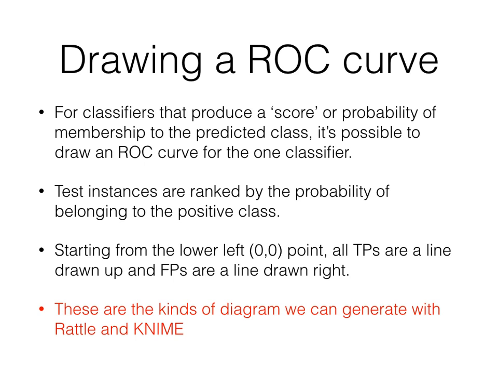And I'm not going to go through all the details of how it works, but what happens is you get the test instances and you rank them by the probability of belonging to the positive class, and then starting from that lower left point, every time you have a true positive you draw a line up, and every time you have a false positive you draw a line right towards the right, and eventually you get to the top right hand corner. And when you do that, these are the kinds of diagrams that we generate with either Rattle or KNIME. And that's going to show you how you would do that in Rattle and KNIME.